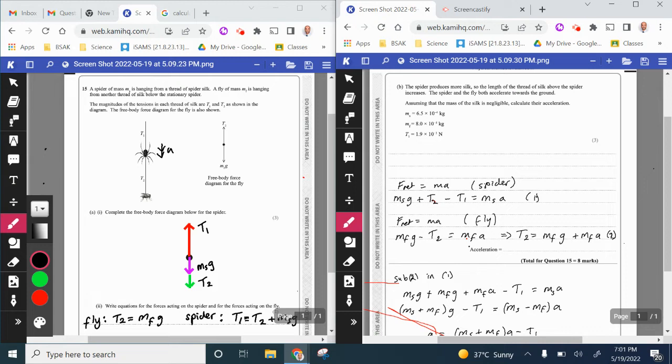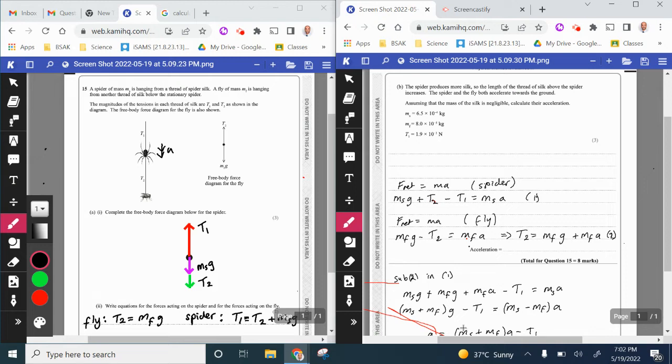So in the expressions, we'll say that these two forces, the weight of the spider plus the tension T2, are greater, so that ms g plus T2 minus T1 is the net force on the spider. Now the net force is therefore equal to mass times acceleration. So this is the mass of the spider times the acceleration.